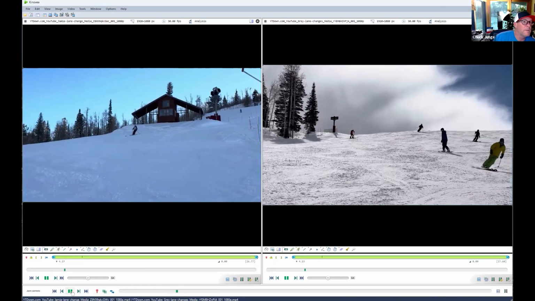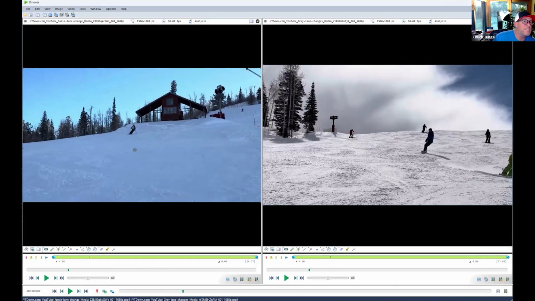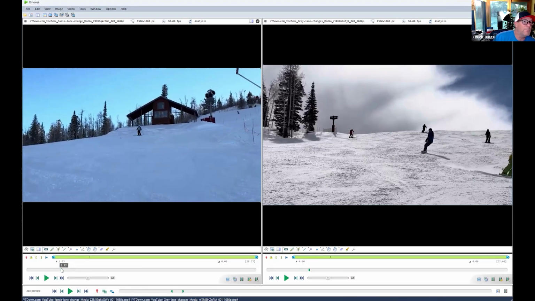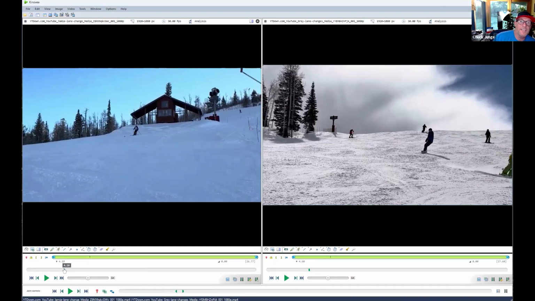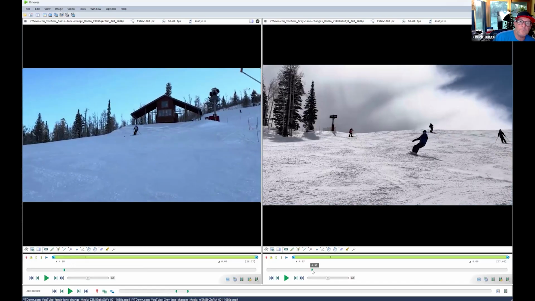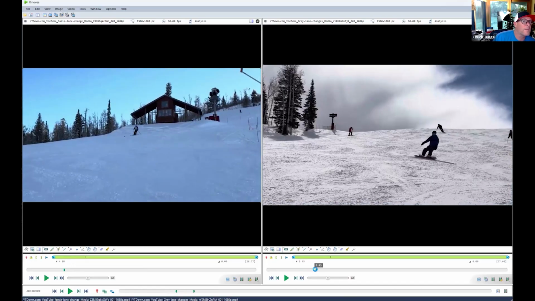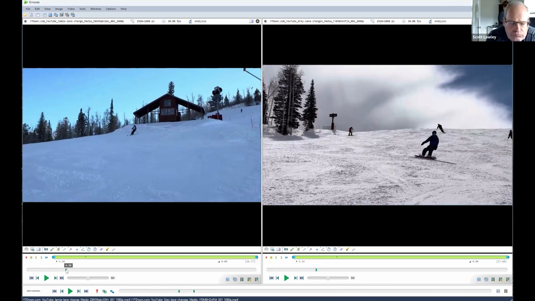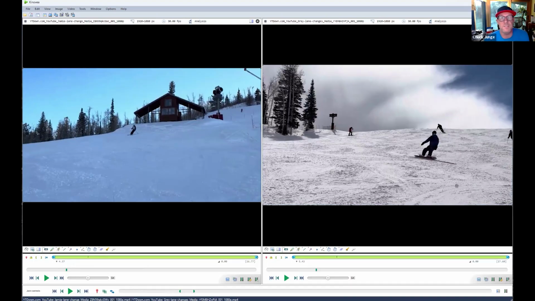Starting to turn, right? The difference is when we get to the shaping phase, how they accomplish differences. This one's getting ready to be right in the fall line. Here's the other guy in the fall line. What is the difference?